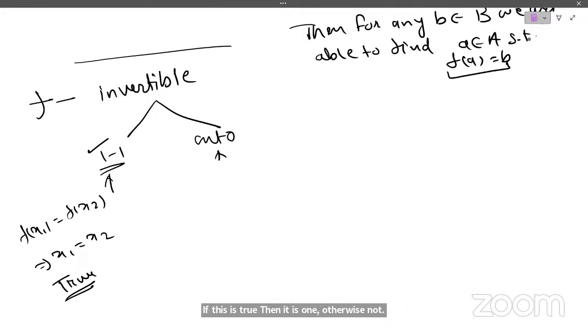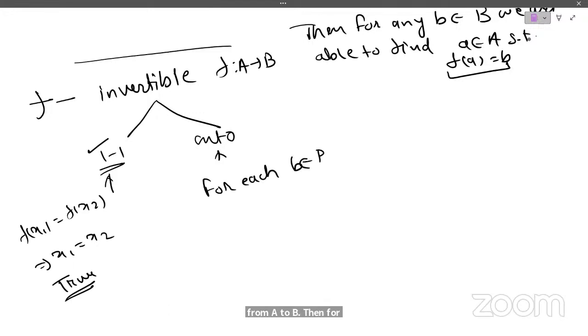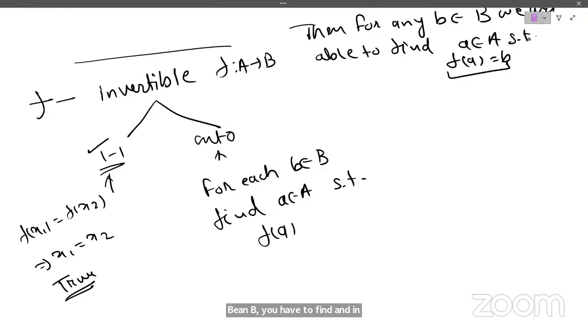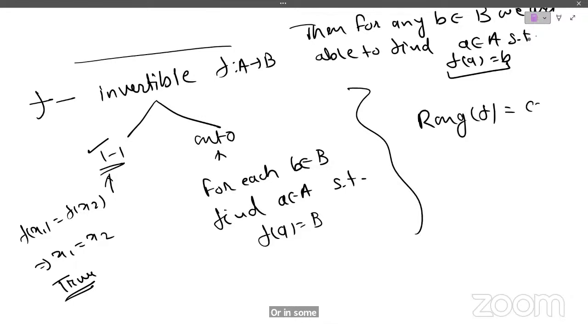Suppose you have a function from A to B, then for each b in B, you have to find an a in A in such a way that f of a is equal to b. Or in some sense, you have to show that the range of f is the same as the codomain.